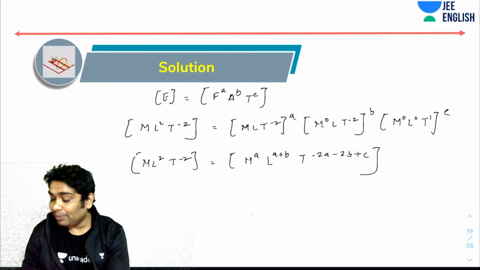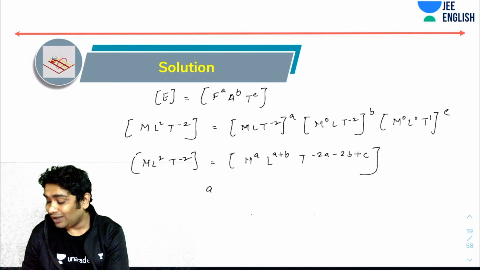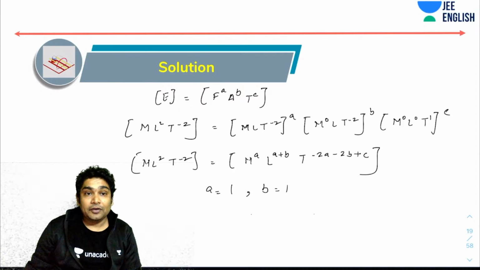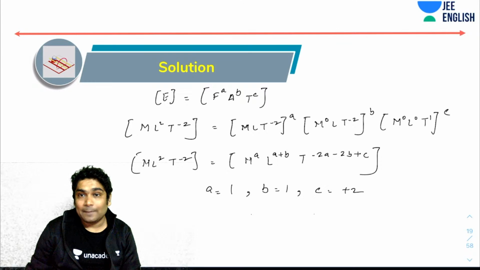Okay. Now comparing the coefficients, you get a equals 1, and from here you have b equals 1, and of course then c becomes plus 2. Correct? If you compare the coefficients, these are the values of a, b, and c that you will get.